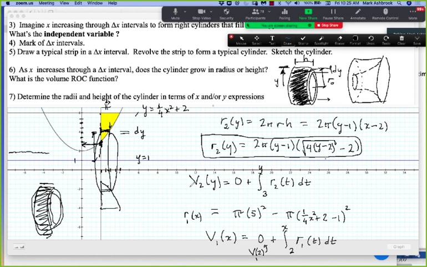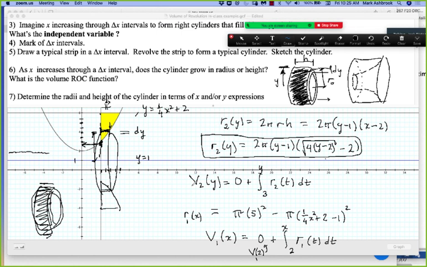Professor? Yeah. So when we were doing x increasing on delta x intervals, we made a hole in the cylinders that we were making. Okay. So why didn't we do something like that for y values? You just have to imagine that we draw a typical strip and we rotate the typical strip the same way we rotated the whole thing to get the shell.